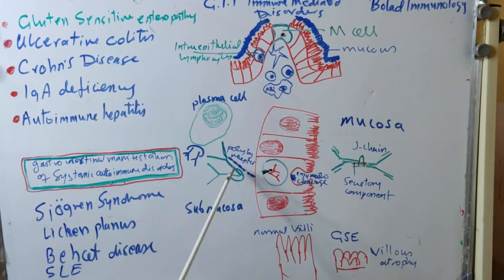It is actually dimeric, two molecules. They are connected together by J joining chain, and also there is secretory component. And here in the submucosa, this molecule of dimeric IgA binds to polymeric immunoglobulin receptors and is transported in a vesicle to the lumen.